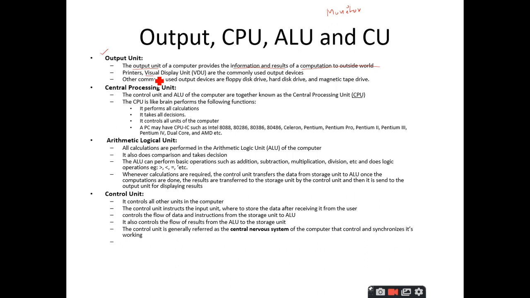Those monitors are also called VDU. VDU stands for Visual Display Unit. And sometimes you may get the output from printers also. And when you want to play a song, you listen to the music with the help of speakers. They also come under the category of output units.